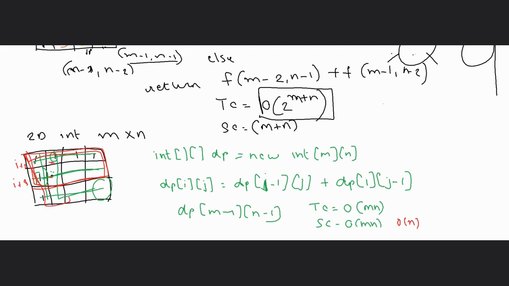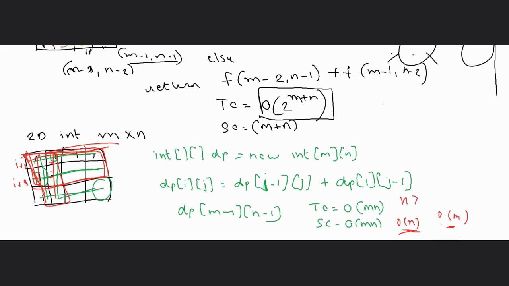You can also use 2 columns instead of 2 rows because you need the value from the previous column and previous row. In that case, the space complexity will be O of m. So it depends. If you have too many columns, then you can go with 2 columns, because you have too many of this n.